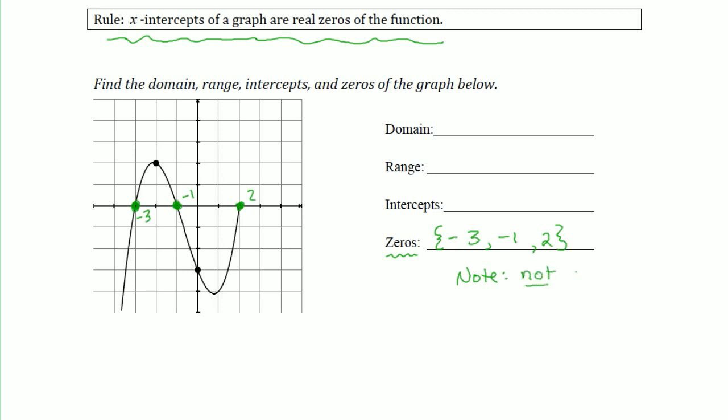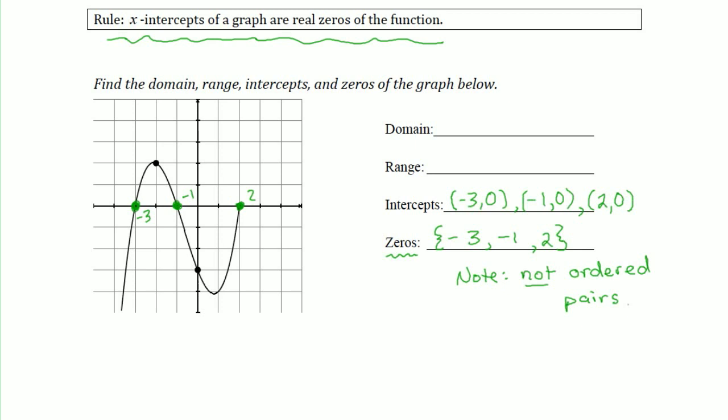Even though intercepts can be listed as ordered pairs, and in some sense they're the same thing. That's because the intercepts really do refer to the points on the graph. So each of these zeros corresponds to an x-intercept, which I will write as an ordered pair. So we've got -3, 0, and -1, 0, and 2, 0.